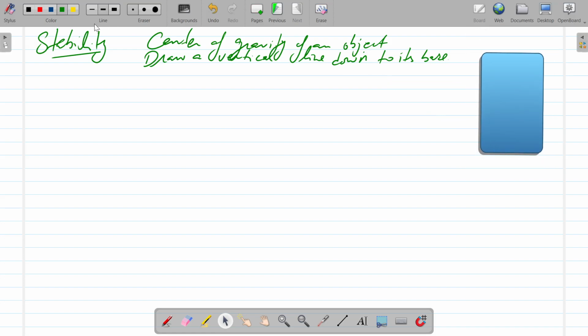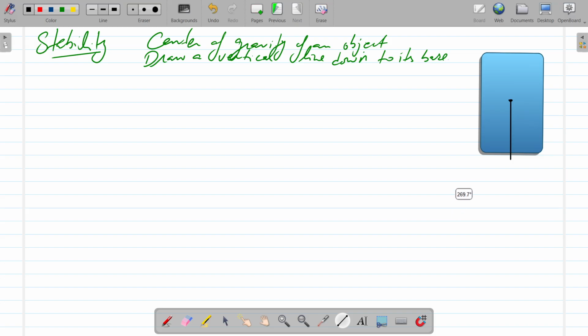Now let's take black, and so this is probably the center. Okay, and we draw a vertical line down to the base. And my whiteboard is stalling.